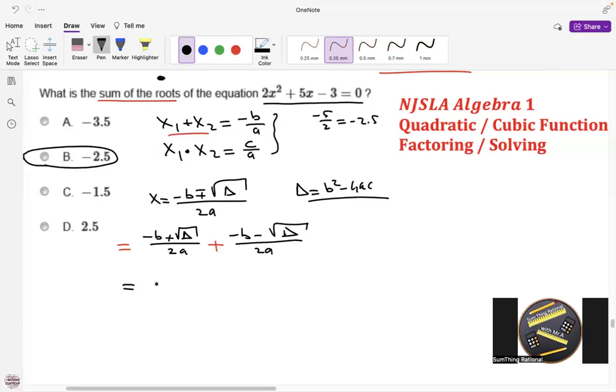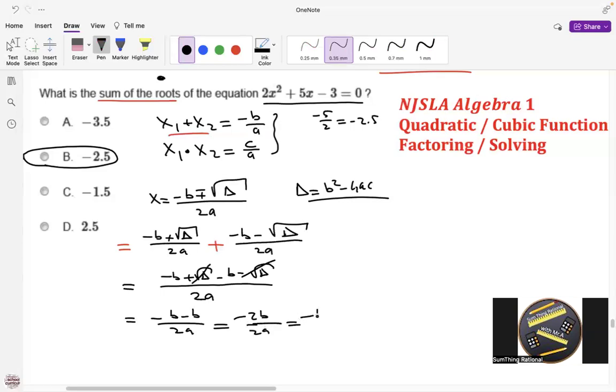Since the denominators are equal, 2a, the negative square root of the discriminant and the positive square root of the discriminant cancel out each other. Which is negative 2b divided by 2a, so negative b over a. So even without solving the quadratic equation, we can find the sum of the roots.